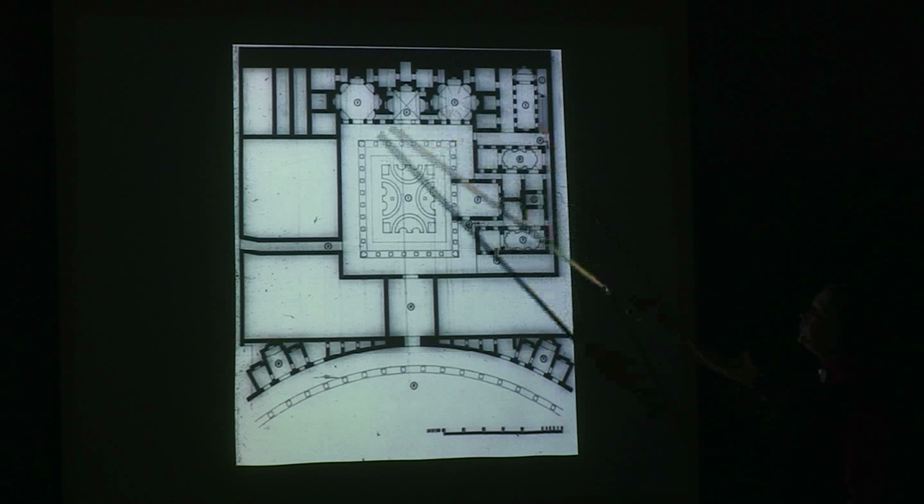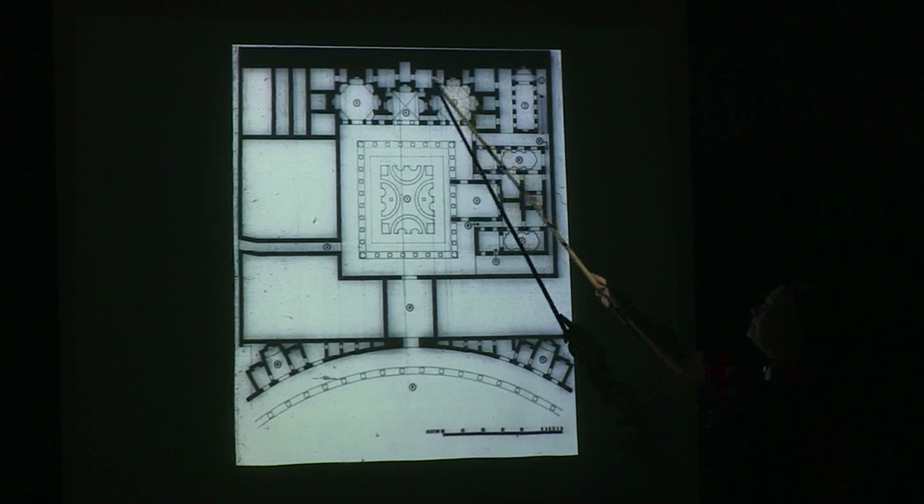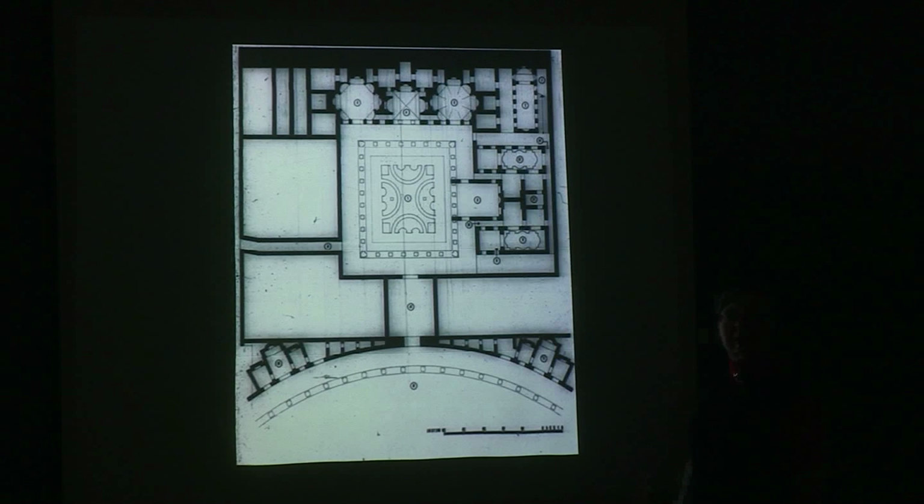When you look at this palatial complex in Rome on the Palatine, you see that the interiors have become very, very differentiated. Notably, the tyranny of the square and the rectangle is overcome here.